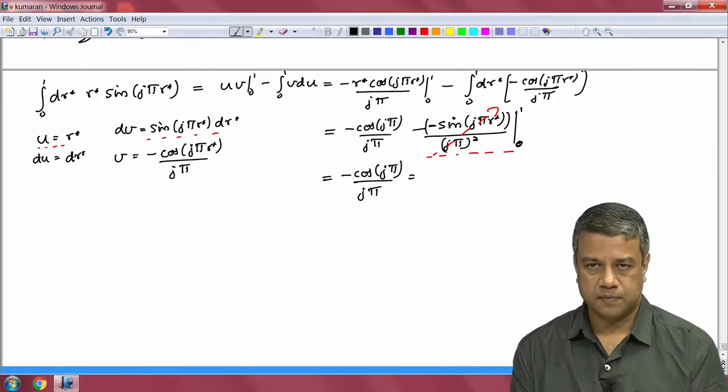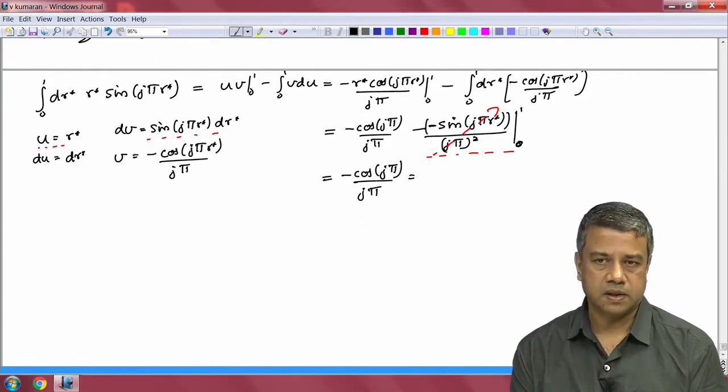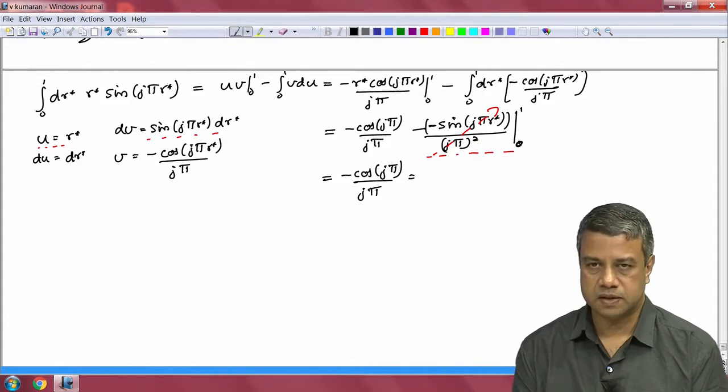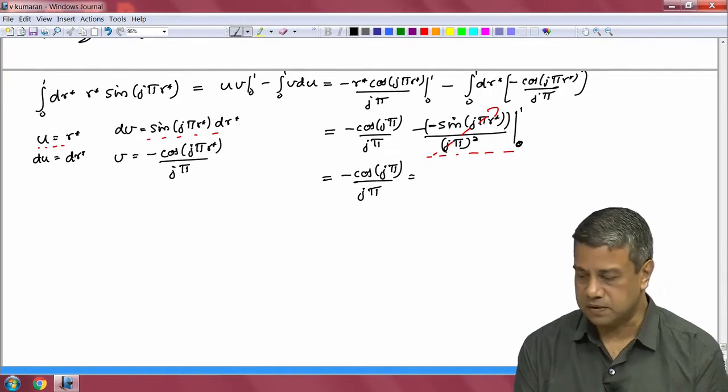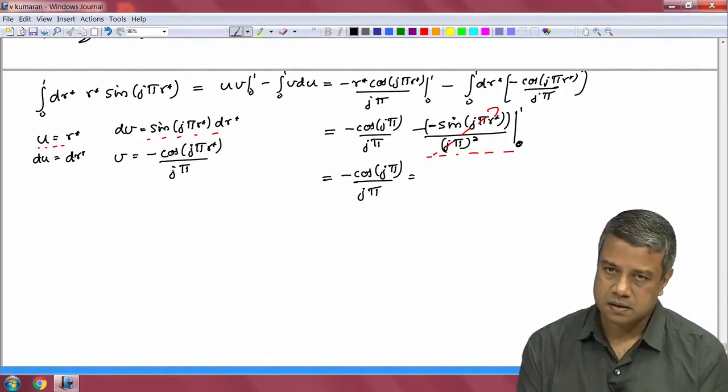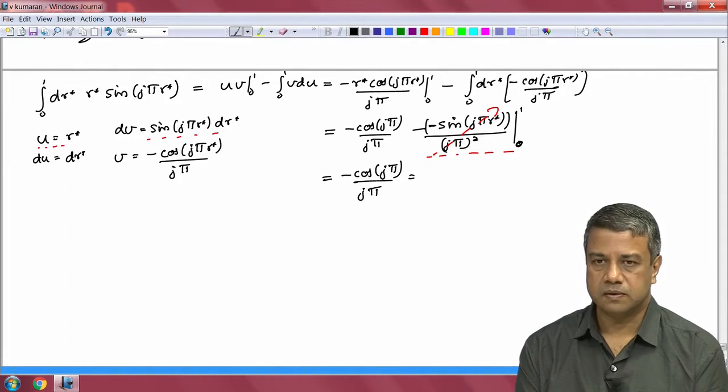Cos of pi is equal to minus 1, cos of 2 pi is equal to 1, cos of 3 pi is equal to minus 1. So, for all odd values cos is minus 1, for all even values it is equal to plus 1. For j equal to 0, cos of 0 is equal to 1.